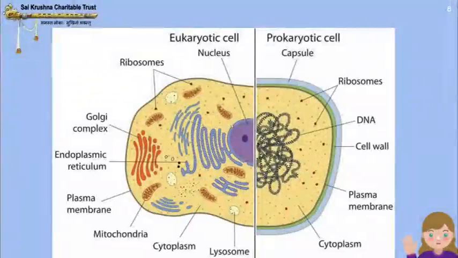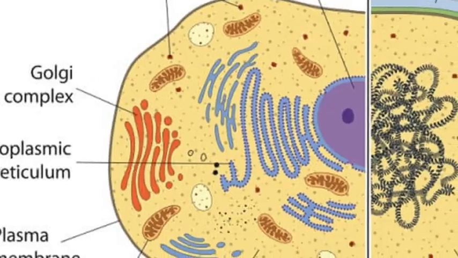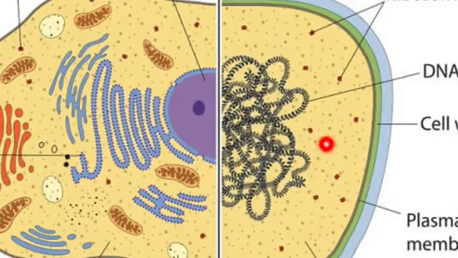You can easily understand the difference. You may see that the eukaryotic cell has a well-defined nucleus region, whereas prokaryotic cells do not have a well-defined nuclear region.